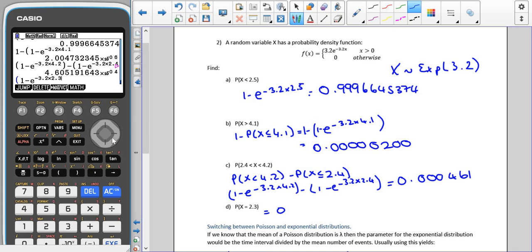So that would be my less than or equal to 2.3 minus, and then I'd take away the probability that we had strictly less than 2.3, which remember would end up being the exact same calculation. And you can see there that it gives us 0.